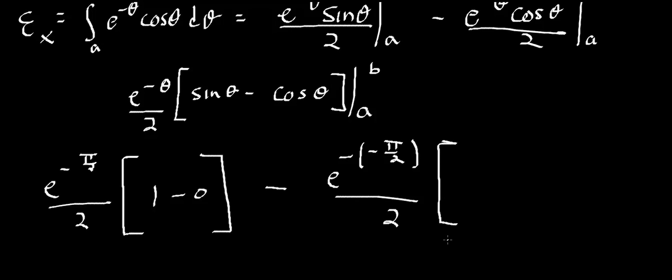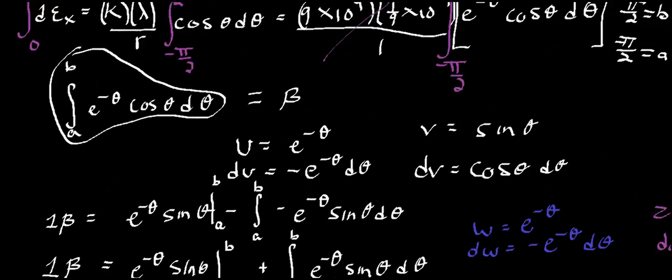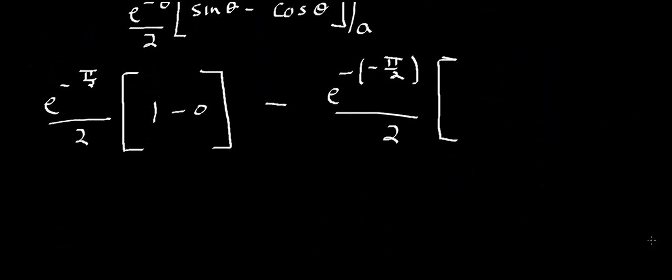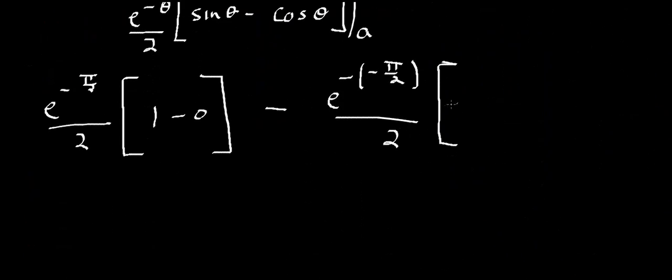Well, we're looking at the vertical component, so if we go back up to the top here, if we look at where negative pi over 2 is, what's the vertical component there? It's minus 1. Okay, so this is times sine of negative pi over 2 is minus 1, and then we subtract from that cosine of negative pi over 2, but that's still 0.